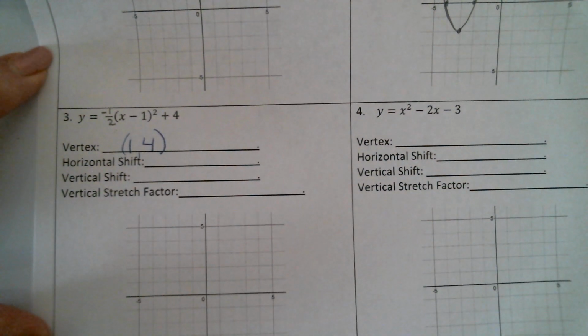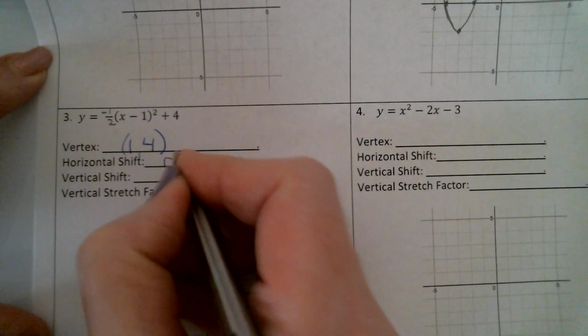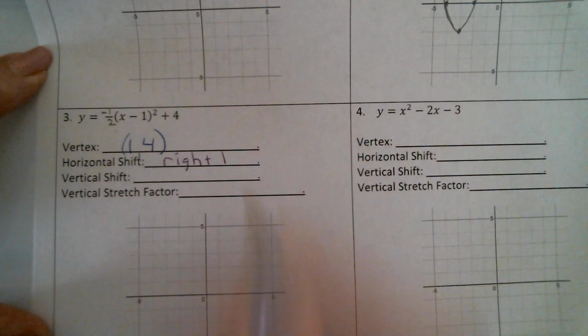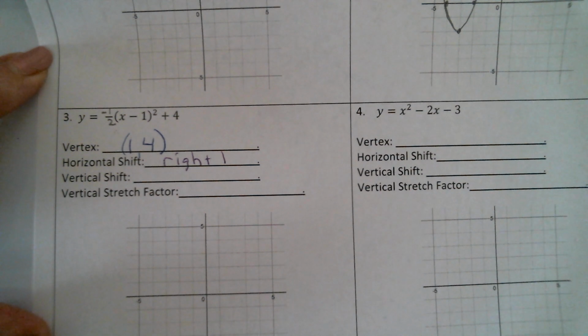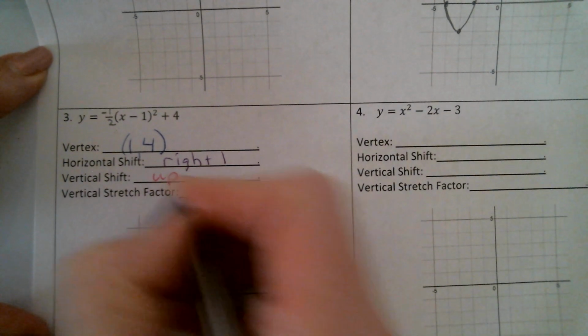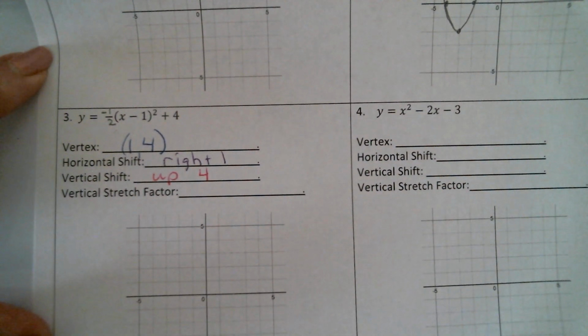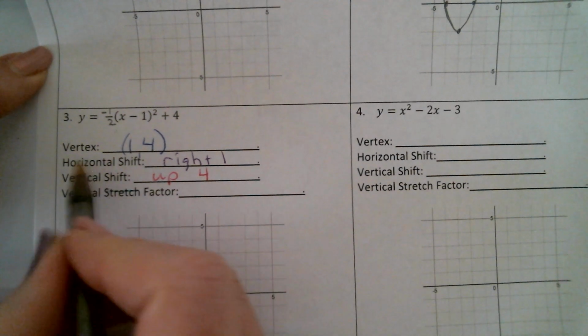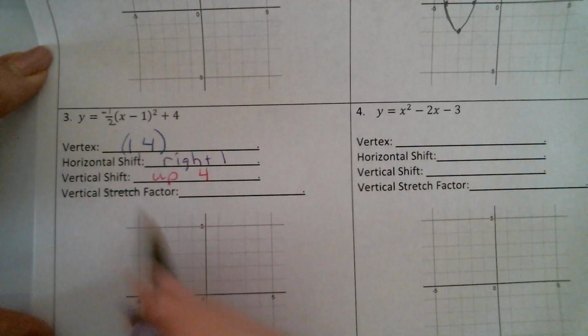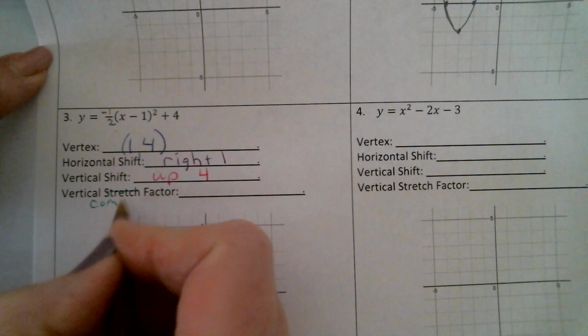A horizontal shift would mean that we are going right 1 since it's positive. And our vertical translation is 4, and it's positive, so we're going to go up 4. Now, we don't have a stretch in this case, do we? Because this is 1/2. It's going to be wide. It's actually a compression.